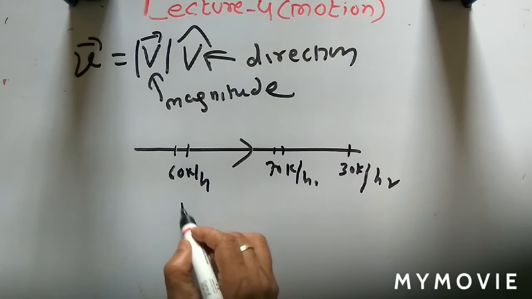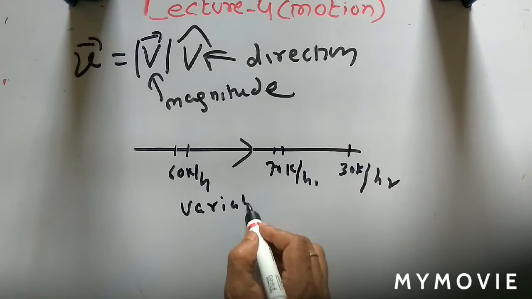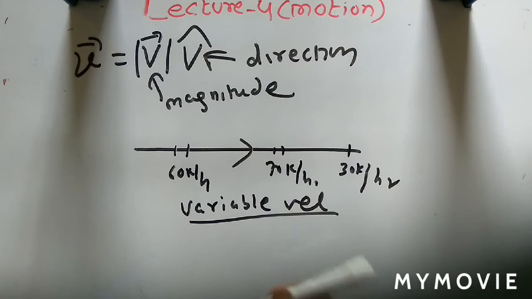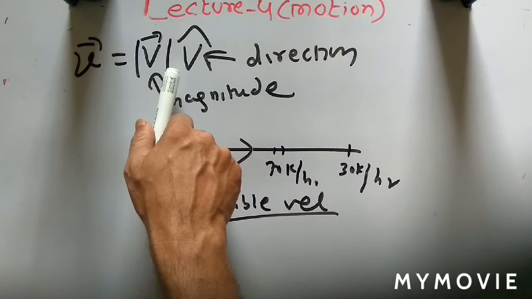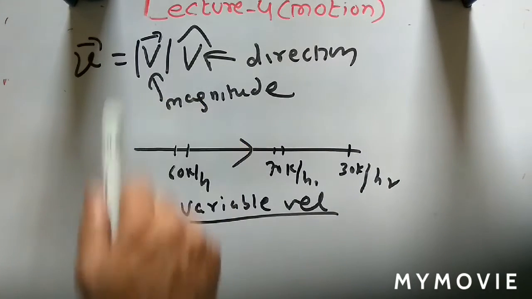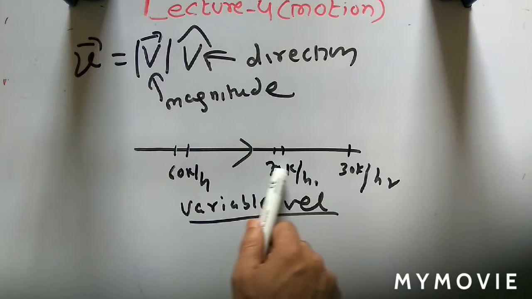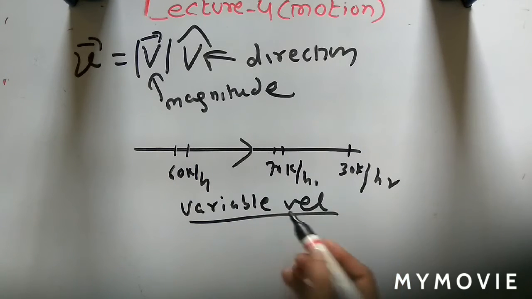In that case, the car is moving with what velocity? Variable velocity, because velocity is associated with both magnitude as well as direction. Here the direction is same, but the magnitude of the velocity is changing, so we can say it is variable velocity.